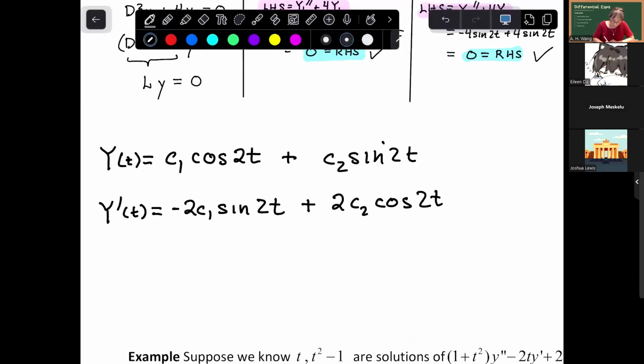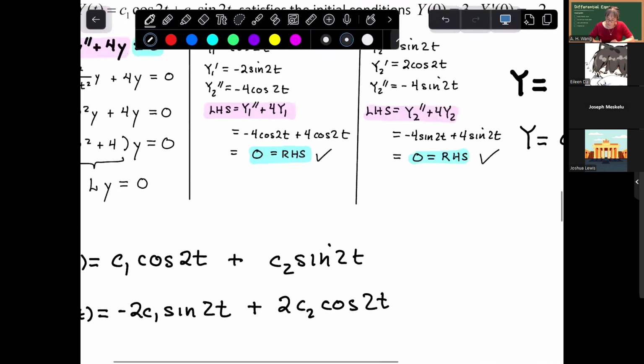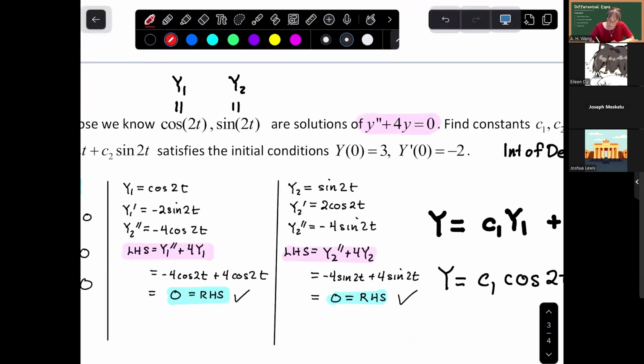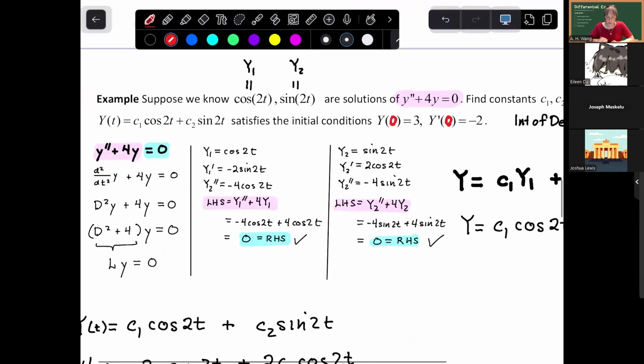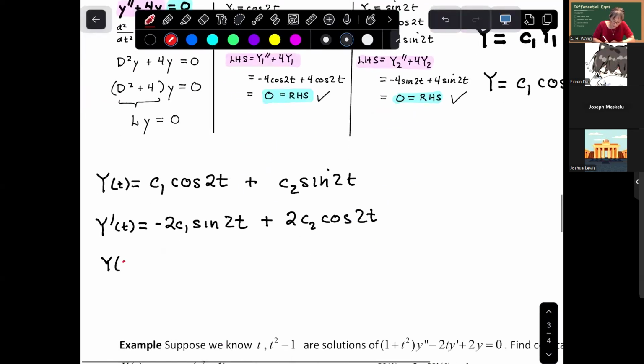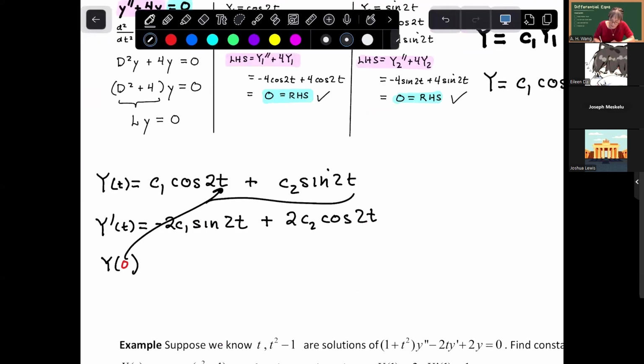So what we do is look over here and ask, what are we plugging in? We're not always going to plug in 0. We could have plugged in some other number like 1, but let's use something easy here. So we're going to plug in 0. When you plug in 0 to cosine, what are you going to get here?